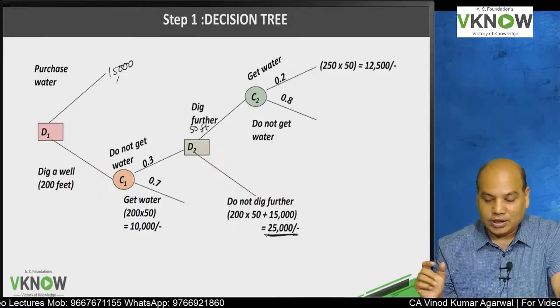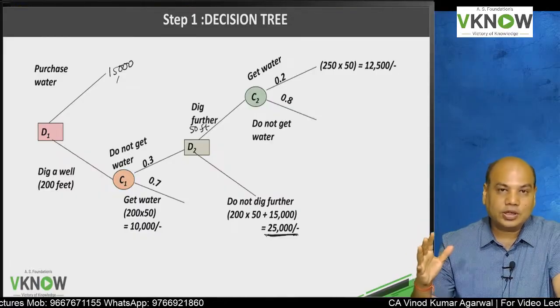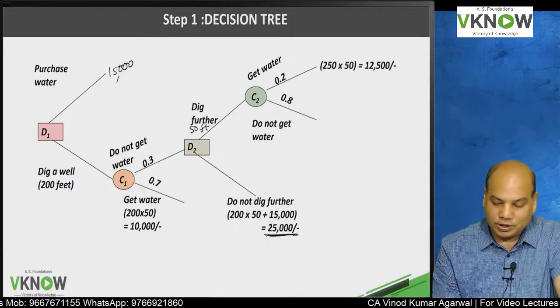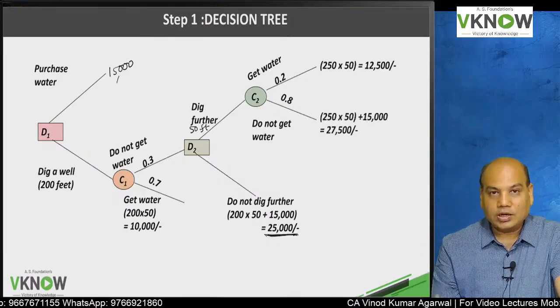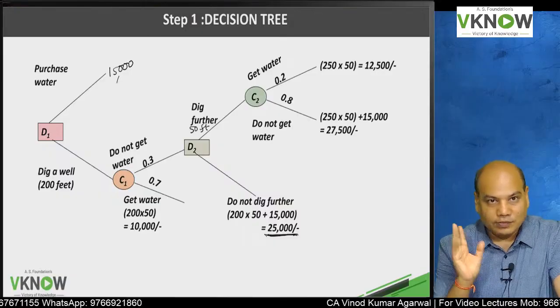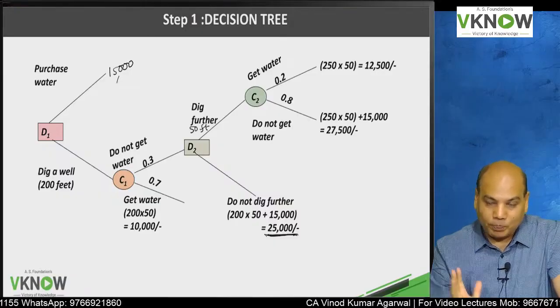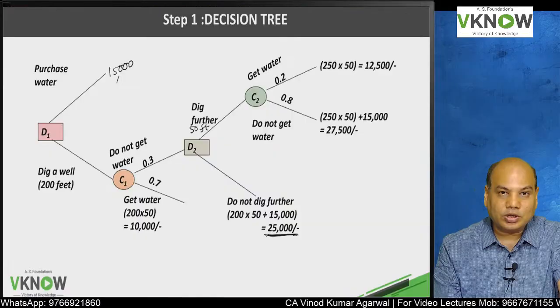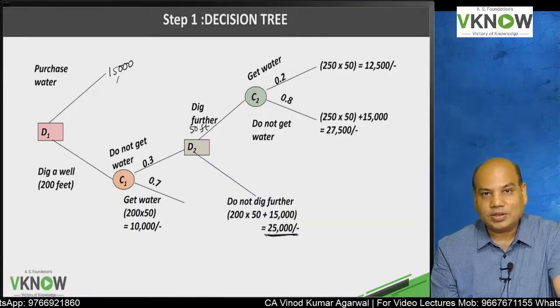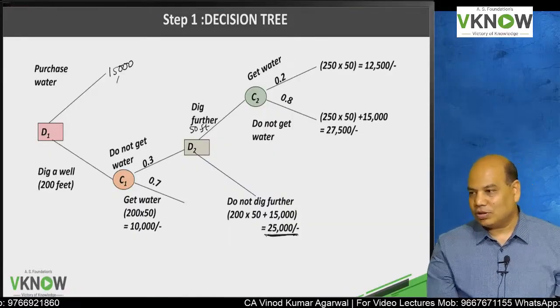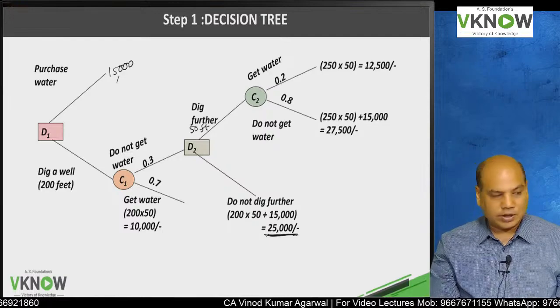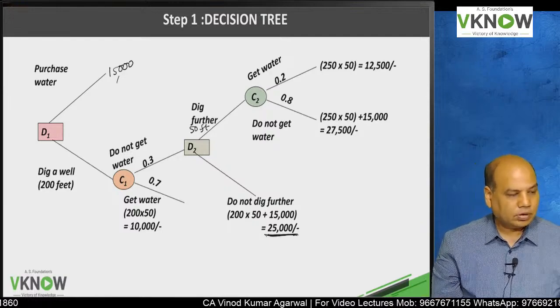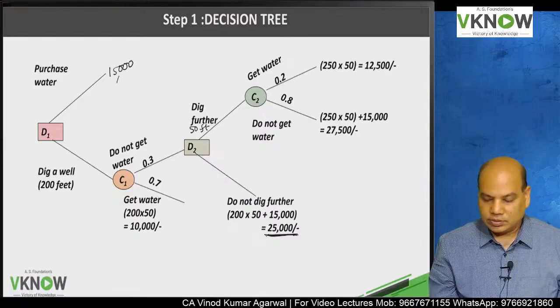But my bad luck, if I do not get water even after drilling further 50 feet, I have already incurred 12,500 rupees in digging, plus I have to purchase water from the market at 15,000. So my total cost will be 27,500.